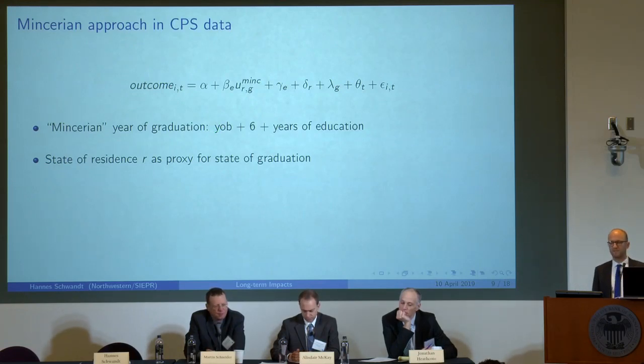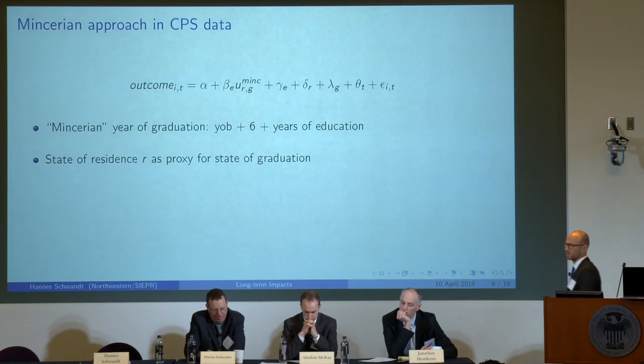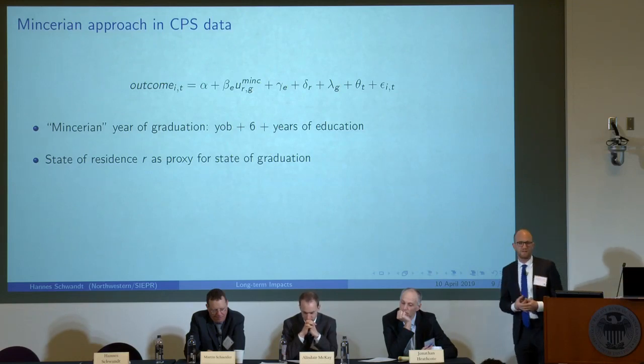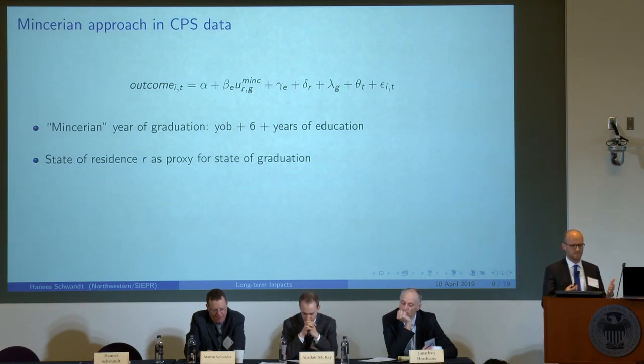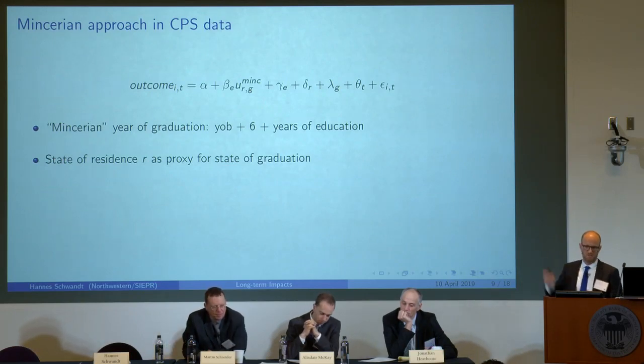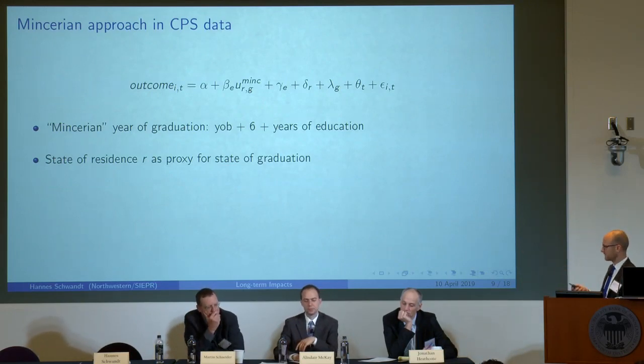And then as a proxy for the state of graduation, we use the state of residence that people report. So if somebody at age 30 is living in Wisconsin, then we assume that that person also graduated in Wisconsin, the respective years beforehand.